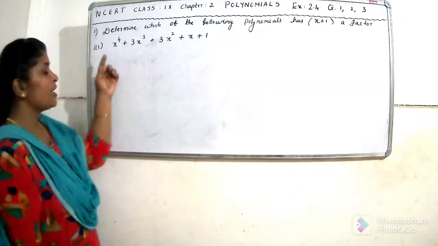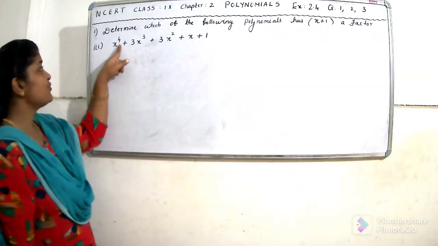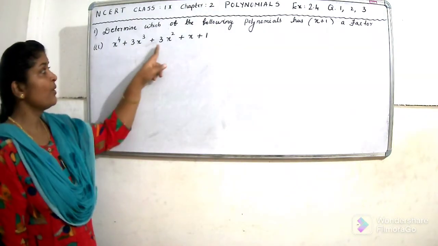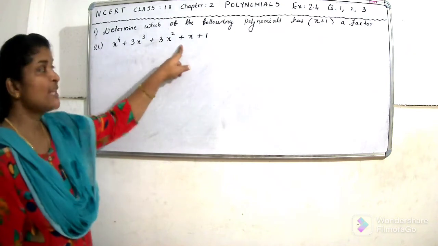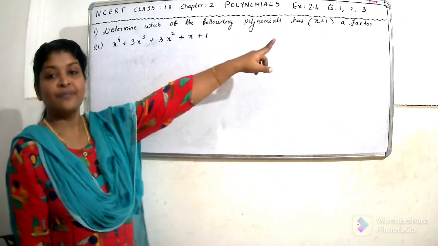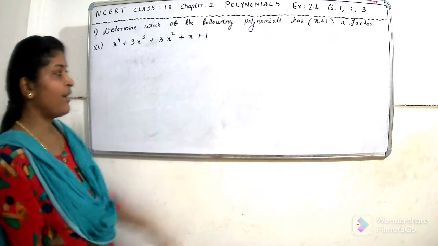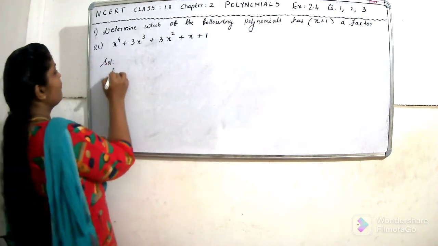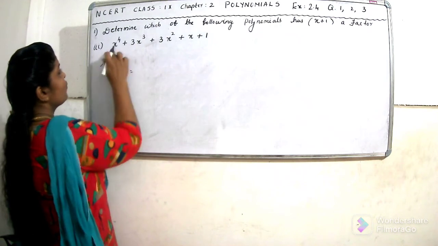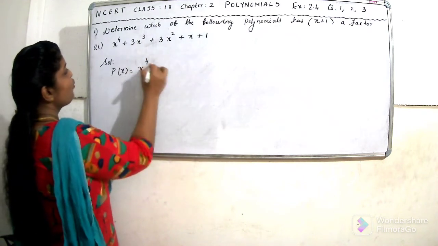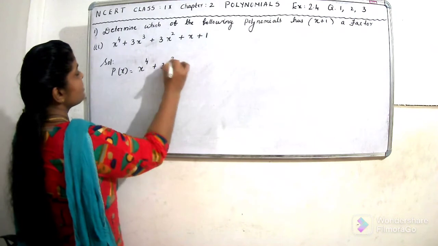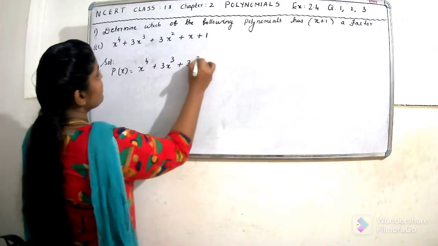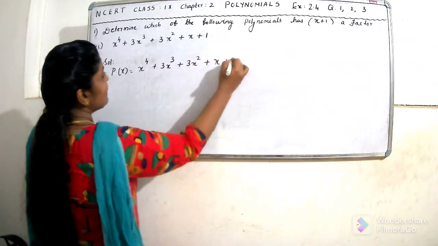Third question: x raised to 4 plus 3x cube plus 3x square plus x plus 1. The same divisor, we have to check whether it is a factor or not. So we are starting the solution. P of x, the question we have to write: x raised to 4 plus 3x raised to 3 plus 3x square plus x plus 1.